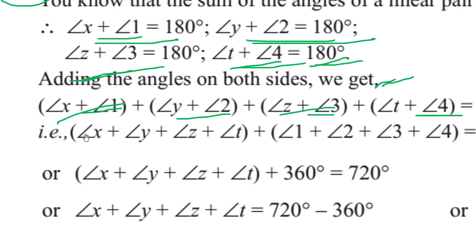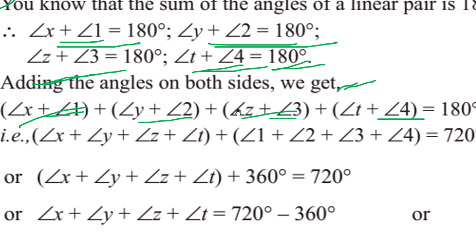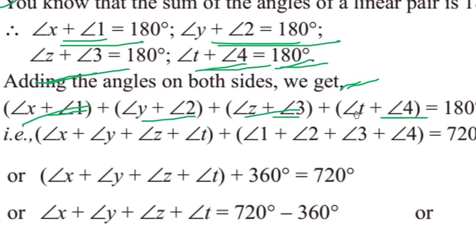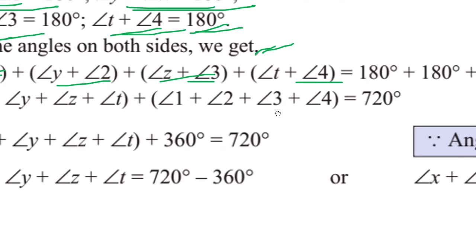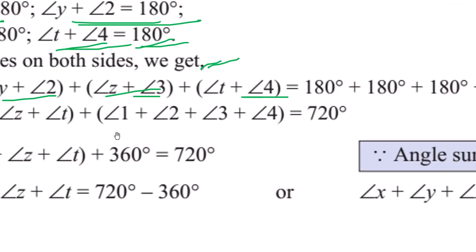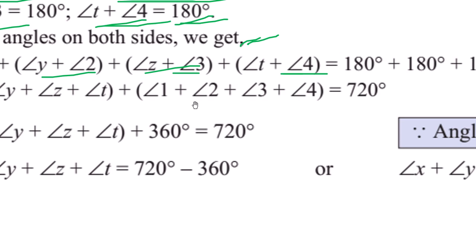We can separate them: X plus Y plus Z plus T in one group, and 1 plus 2 plus 3 plus 4 in another. So X plus Y plus Z plus T plus 1 plus 2 plus 3 plus 4, they are interior angles. The sum of interior angles in a quadrilateral is 360 degrees, so we can substitute 360 here.